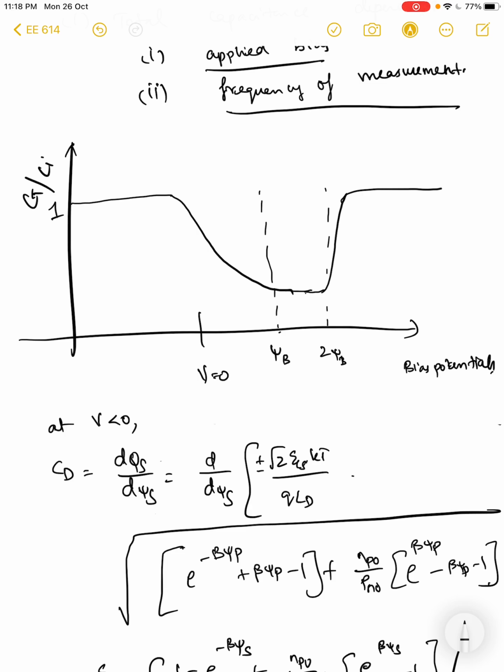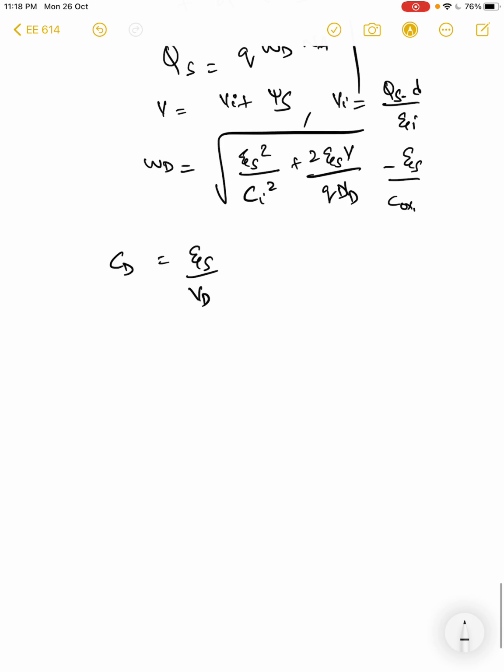Now whether this feature will happen or not depends upon the frequency of operation. Why? Let's consider that again, right?